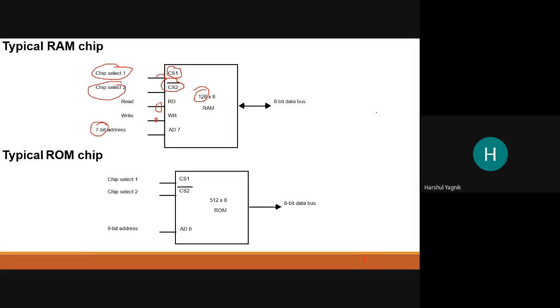The bar sign means that pin is an active low signal. That pin is an active low pin. And CS1, where the bar sign is not used, would mean it is active high. Now, what do we mean by active low, active high?